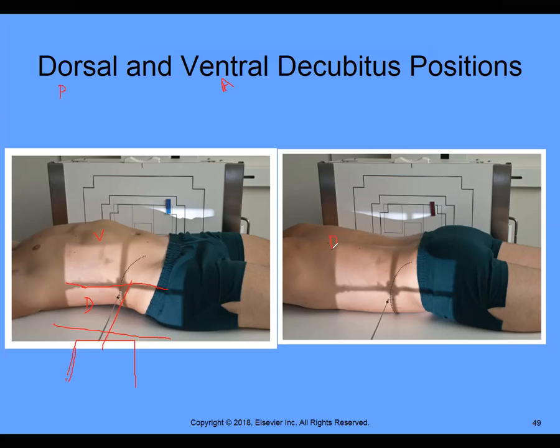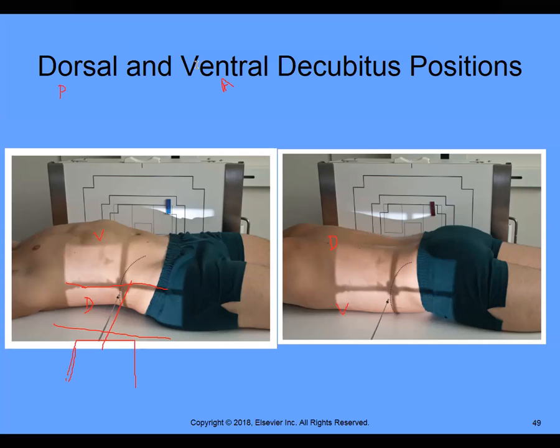This guy over here, which is the same patient, is now in the prone position. This is dorsal, and this is anterior. So the anterior is down. We're describing the downside to the horizontal surface. So then this is, sorry, ventral. I'm using the wrong term here. This is ventral.